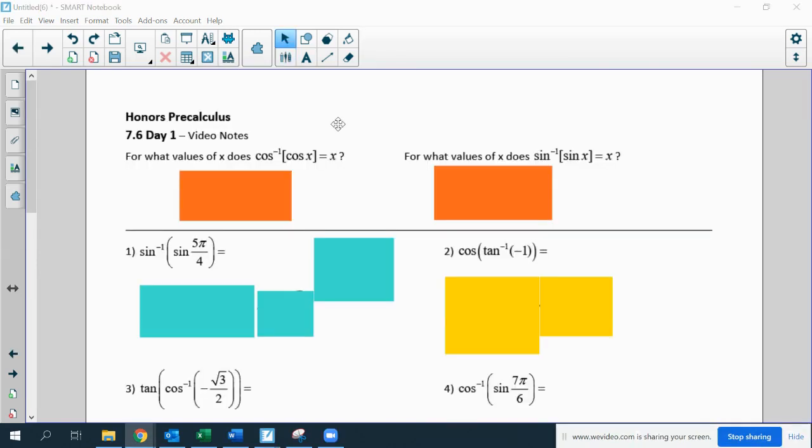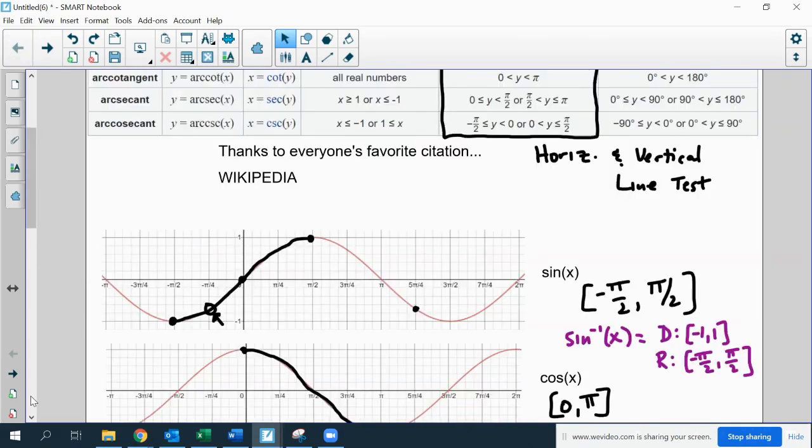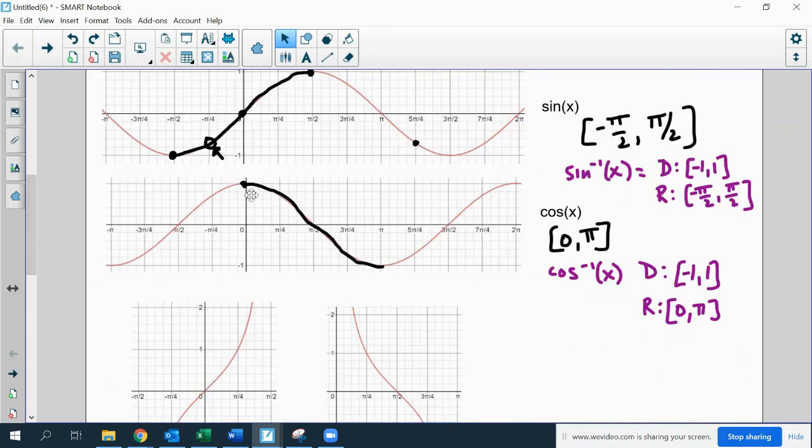So when we look at problems like this, let's ask: when does cosine inverse of cosine get you back what you started with? If we look at the graph of cosine, from 0 to pi, everything will get you back what you started with. But if you plug in anything else, for example, 7 pi over 4, you won't get 7 pi over 4 back, because cosine inverse only has a range from 0 to pi.